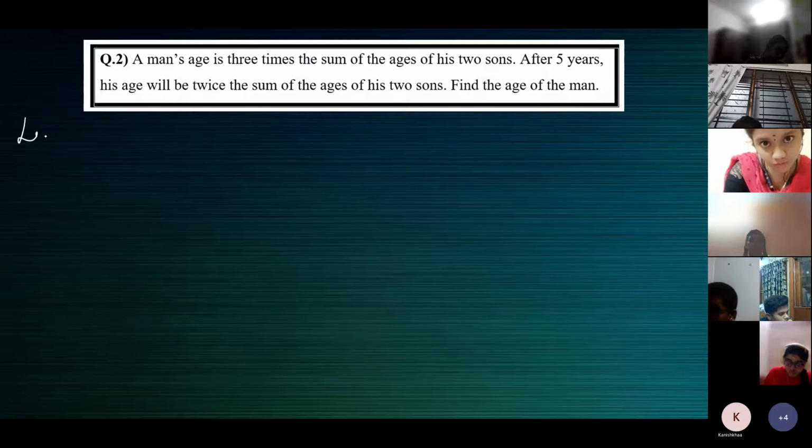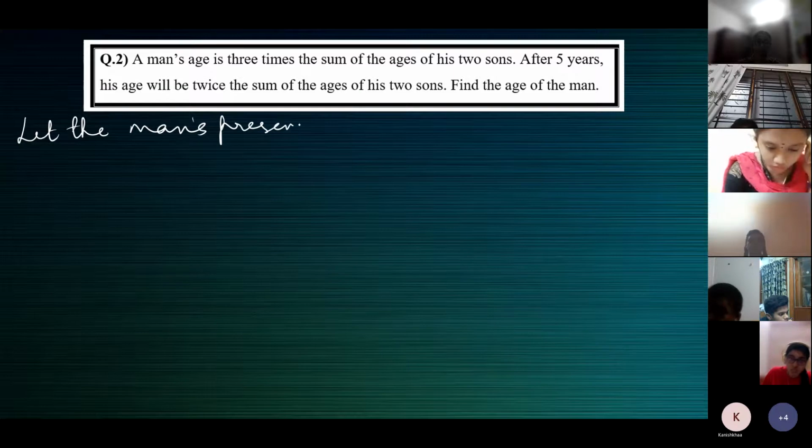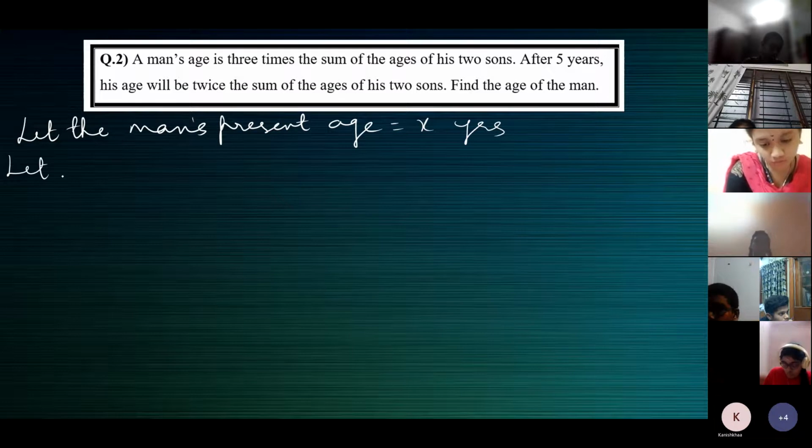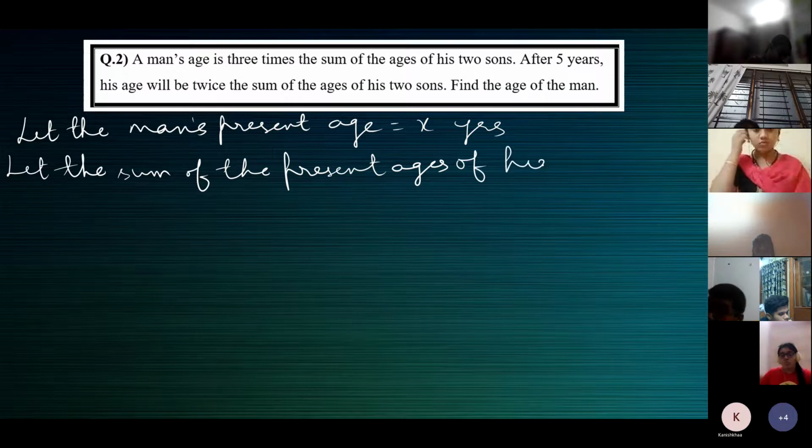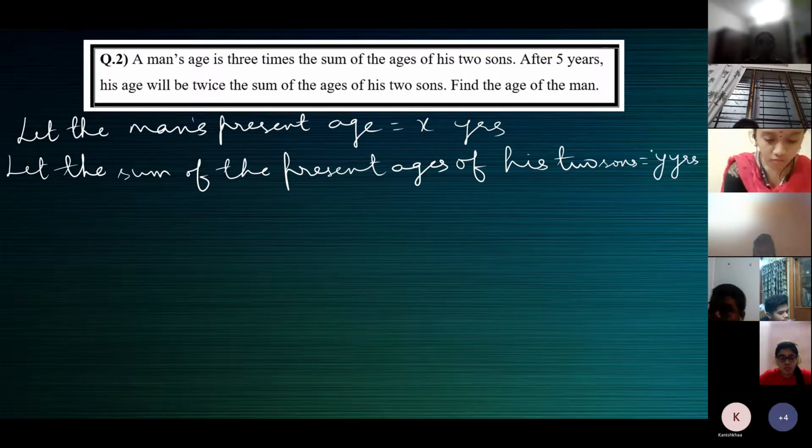See here, let the man's age be x years. Let the sum of the ages of his 2 sons be y years.